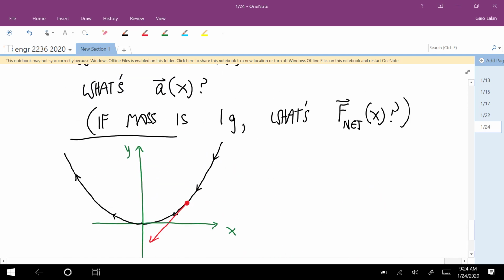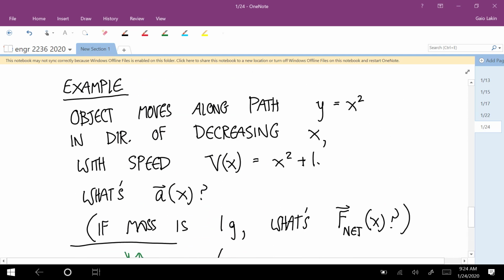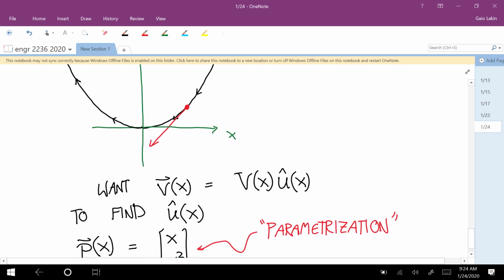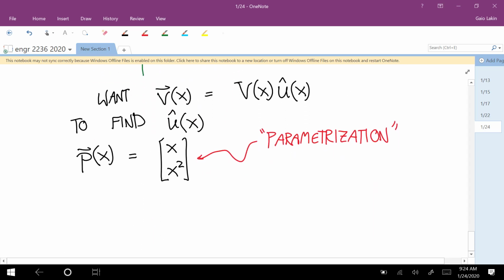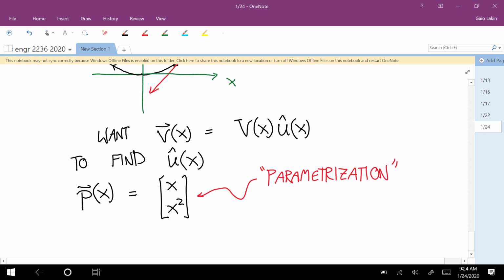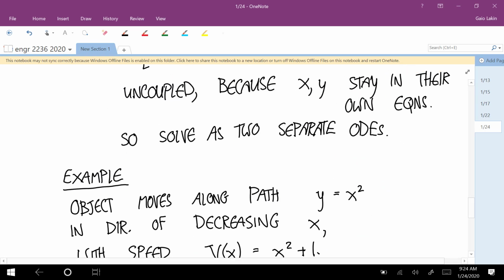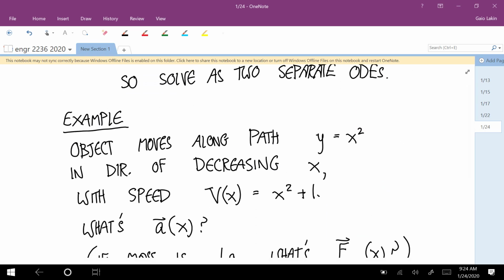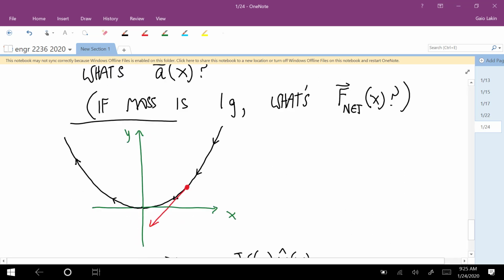The function that it's traveling along is, okay, so the position vector is the vector (x, y), okay? And we were given this function, y equals x squared. So I just put x in for x and x squared in for y.